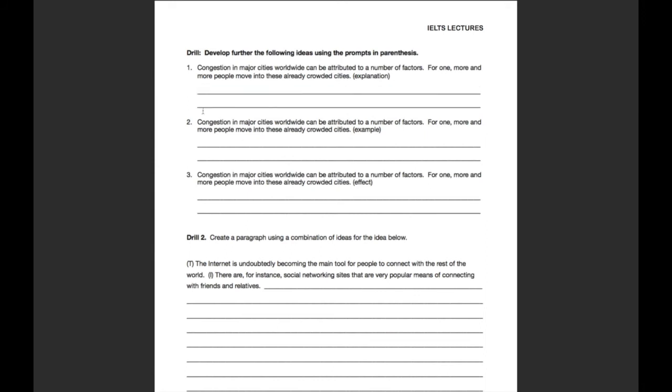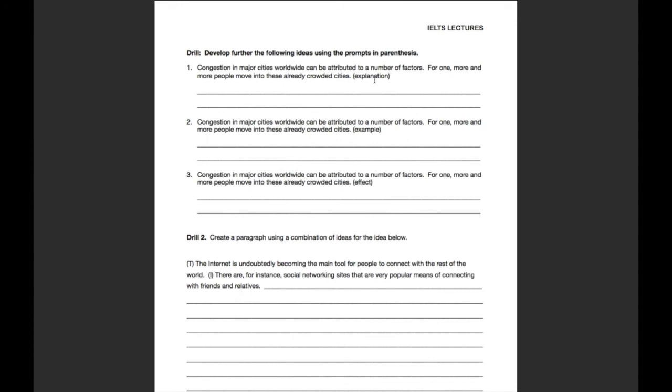Now, numbers 1, 2, and 3 all have the exact same topic sentence and idea. However, if they take a look at the words in brackets at the end of each item, these words indicate the manner in which they should expand those thoughts. And so you guide them here.